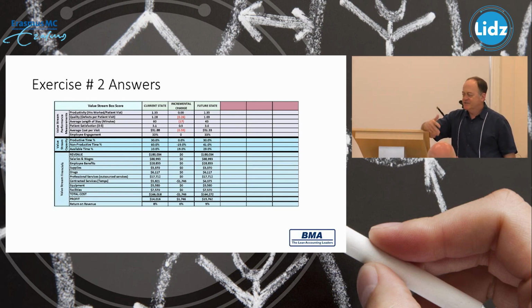Some companies even do problems solved per person, and all you have to do there is define what a problem solved is. If you use A3 forms as the documentation for identifying and solving problems, you just count the A3 forms that have been completed and signed off on.